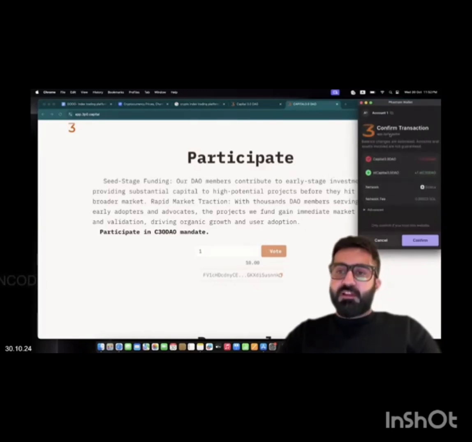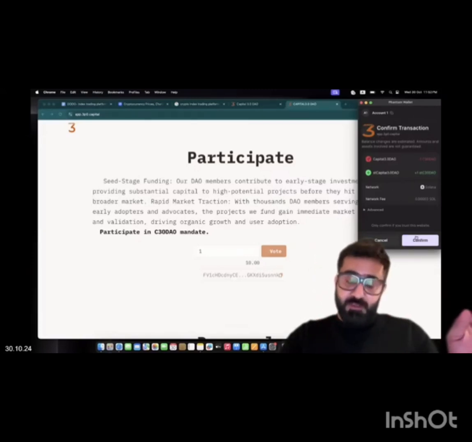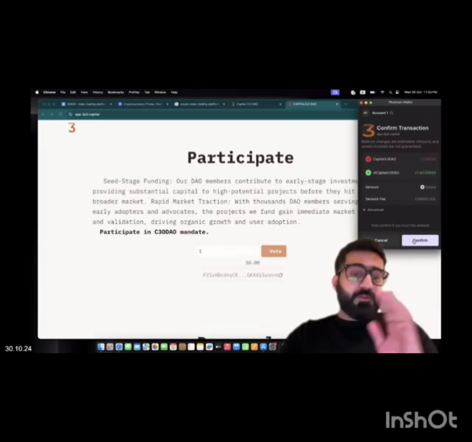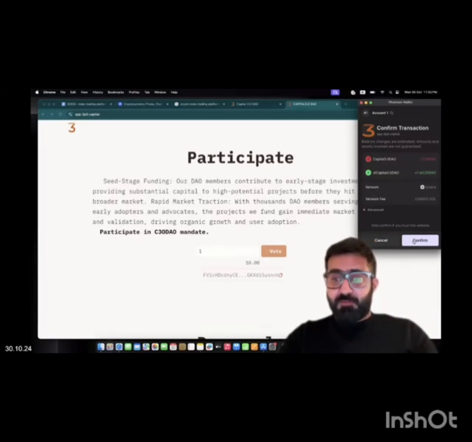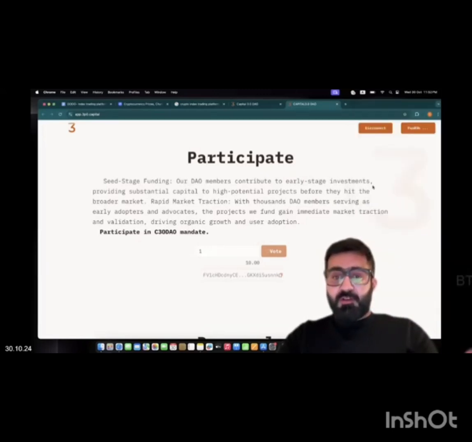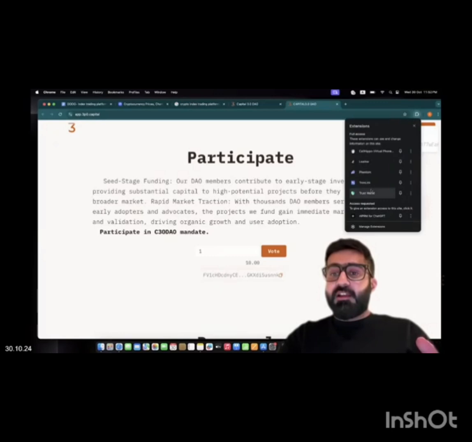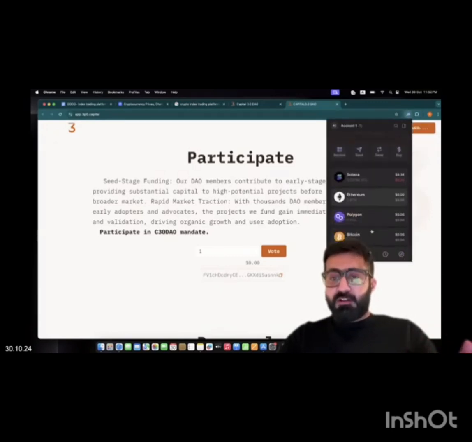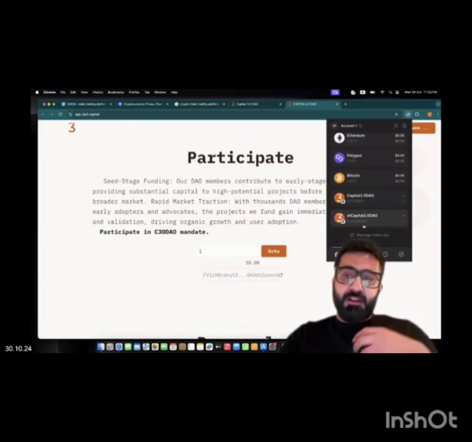You see there is a confirmed transaction trigger, and see that this is already having logos and everything. We have done really, really professional work here on Solana. My developers have done a really, really great job. When I confirm, my voting is under process and my voting got successful, and I immediately got the STC30 DAO token also minted to me.